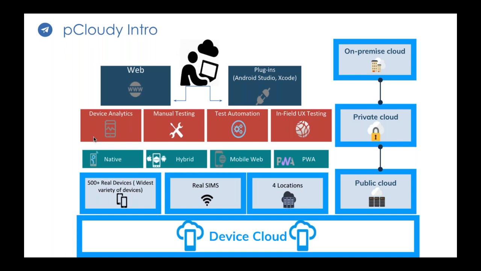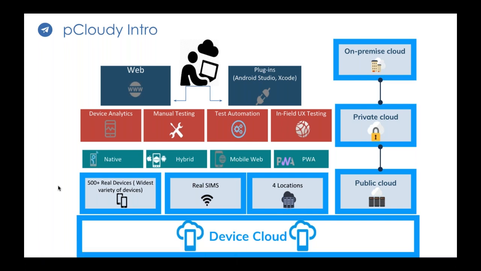You could use that to decide which devices you want to test your application on. And with our latest acquisition, that is Cloud for Testing, we also provide in-field user experience testing. Using pCloudy, you can test native applications, you can test mobile web applications, you could test hybrid applications, and also, last but not the least, you can also test the latest progressive web applications.